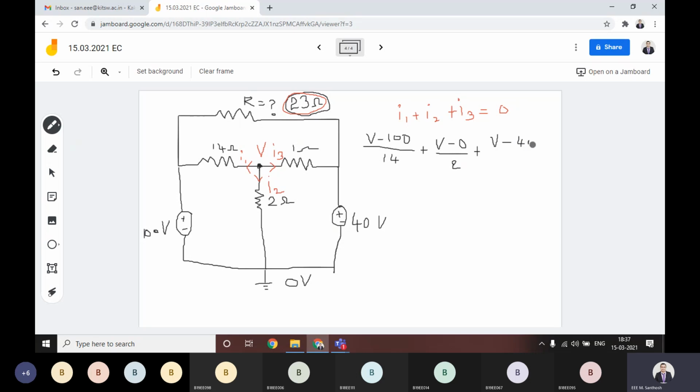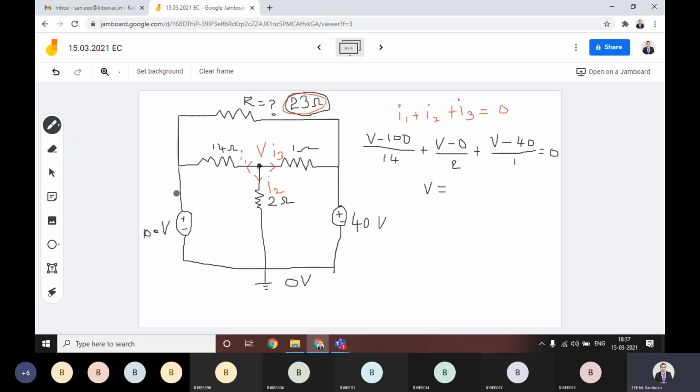Simply we will get the value of V here. Then solve for V. And if you have V directly, you can calculate the current.